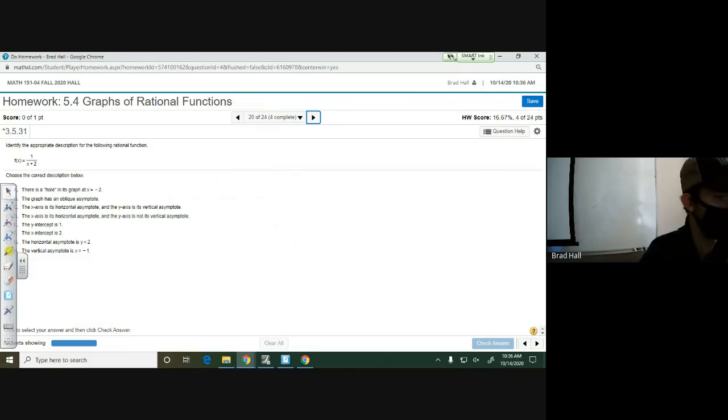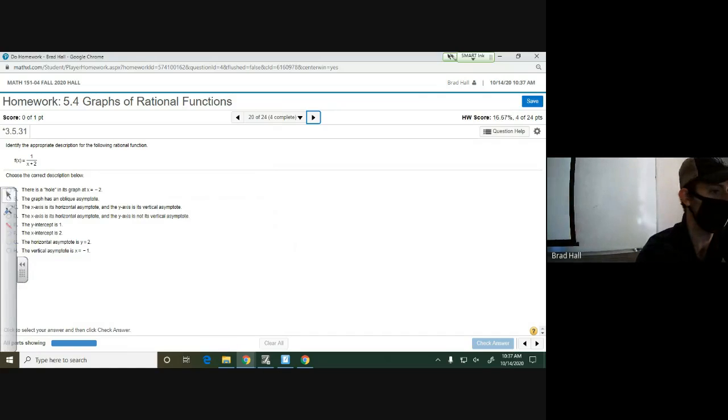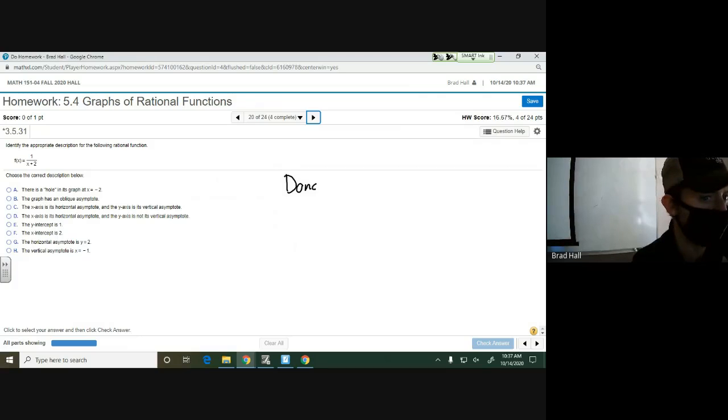You can also look at this problem as well. So if anything, we don't have to worry about oblique asymptotes, really. We can see from this problem that the domain, we set the denominator not equal to 0.